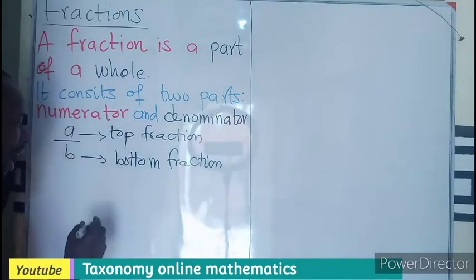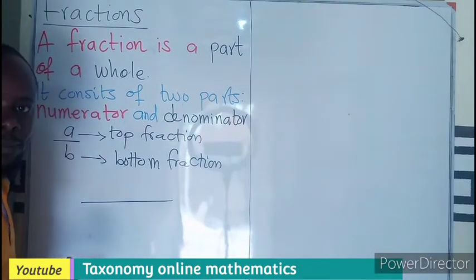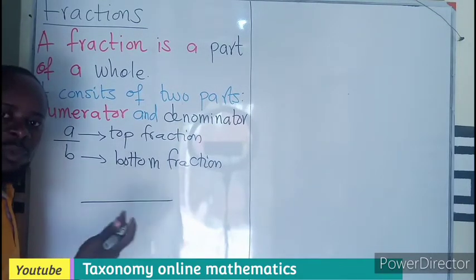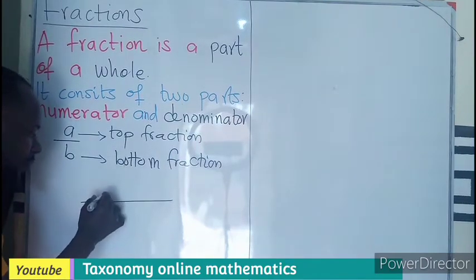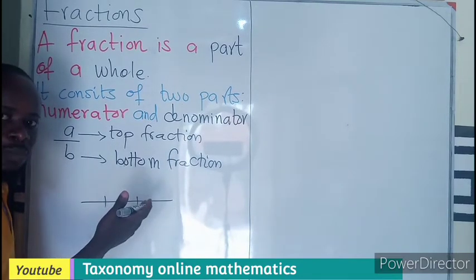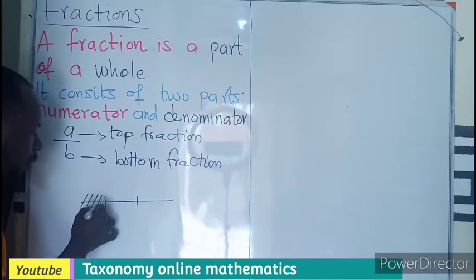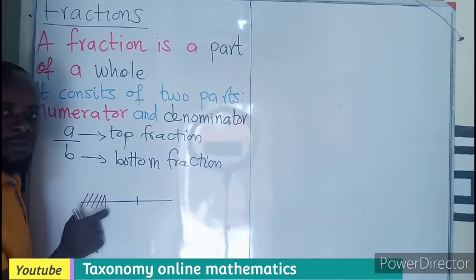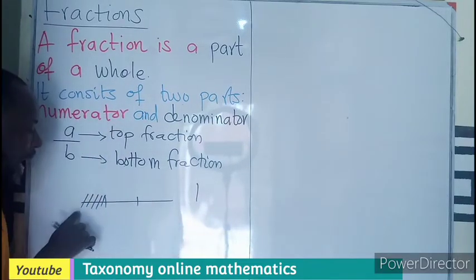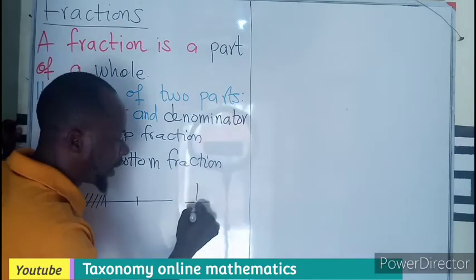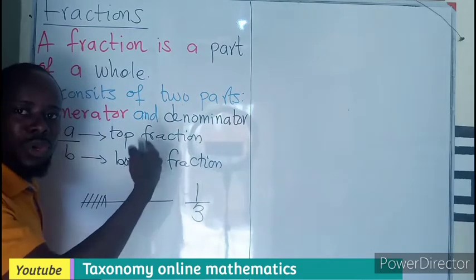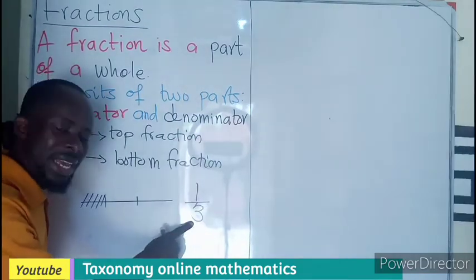What I mean is that if I have a sugar cane with a particular dimension, let's say 8 centimeter or 5 centimeter, and I divide it into 3 parts, and I give one part to somebody, the person will be having one part out of how many divisions? Out of 3 divisions. So in this case, 1 is our numerator, whilst 3 is our denominator.